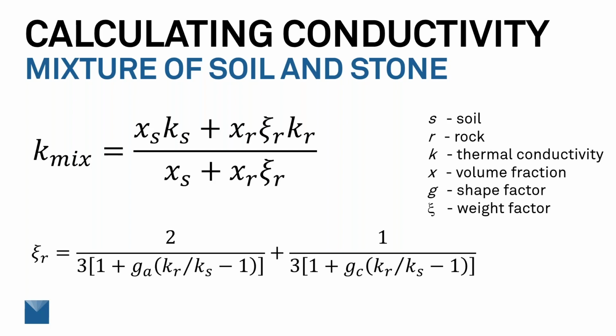The subscripts S and R indicate soil and rock. The K is the thermal conductivity, and X is the volume fraction of each of those constituents. The Xi, the Greek letter Xi, represents the weighting factor that we use, and that calculation is shown as the equation on the bottom.